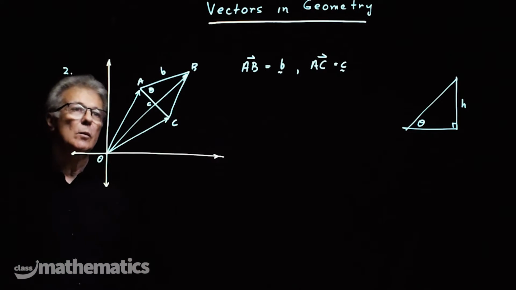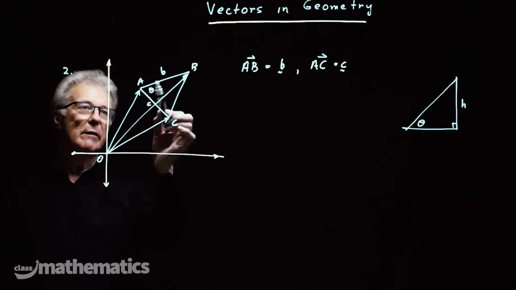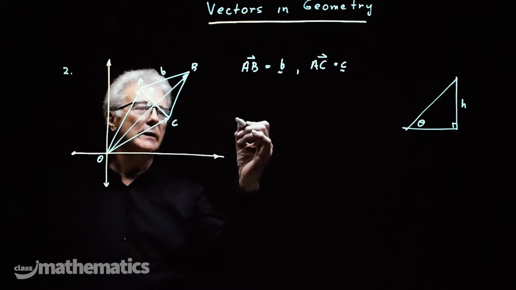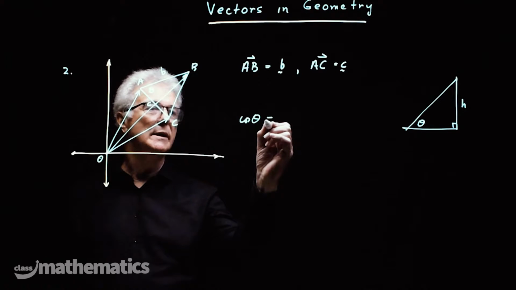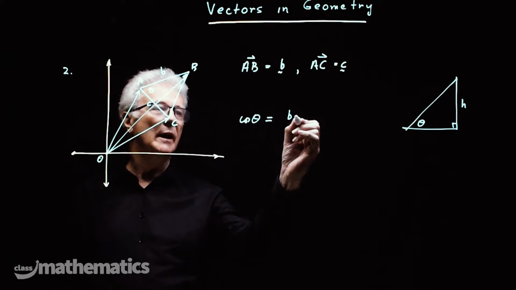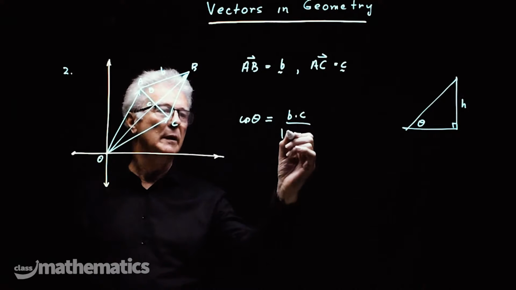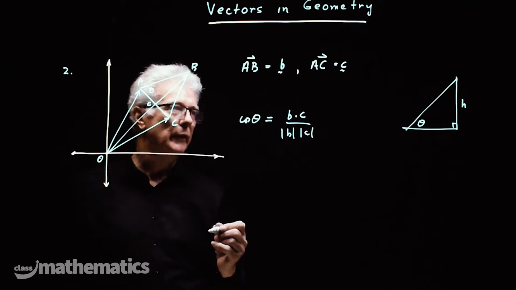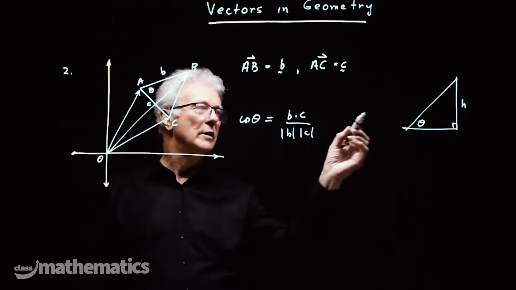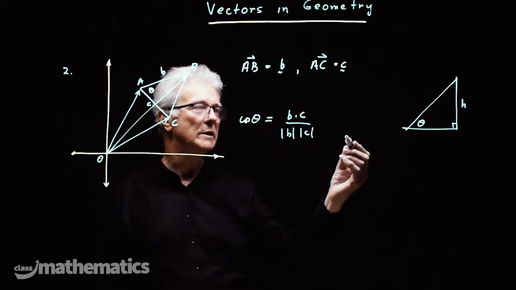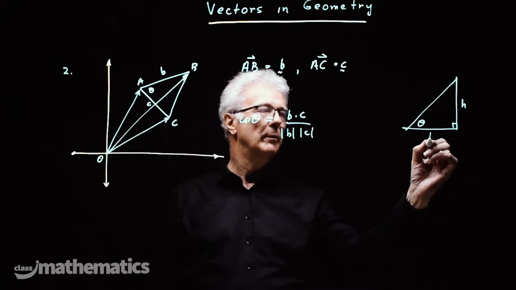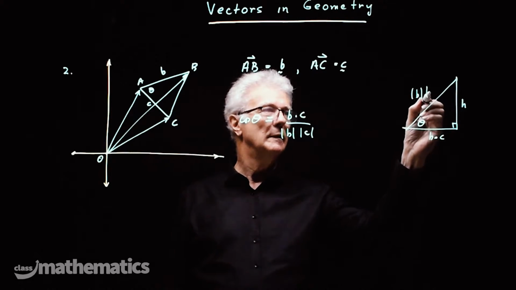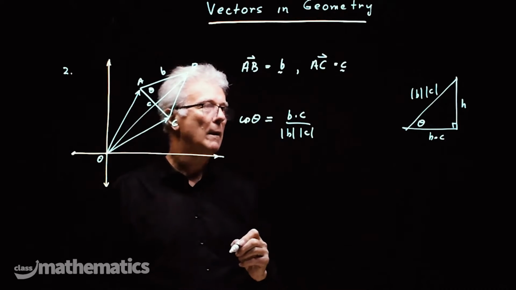In the second example, we're going to work out a formula for the area of this triangle. Now to do that, I'm going to use the fact that the cos of theta, if you recall, is equal to the scalar product over the magnitude. So if we go to this right angle triangle, we can see that the cos of theta must be b dot c over the magnitudes.